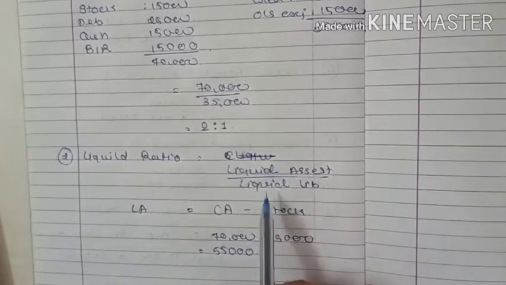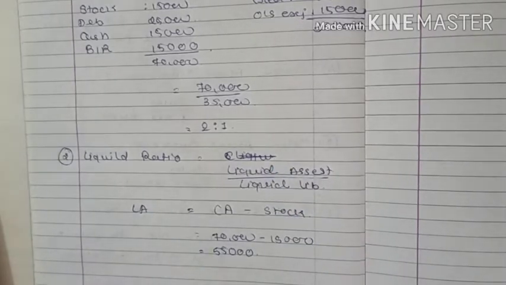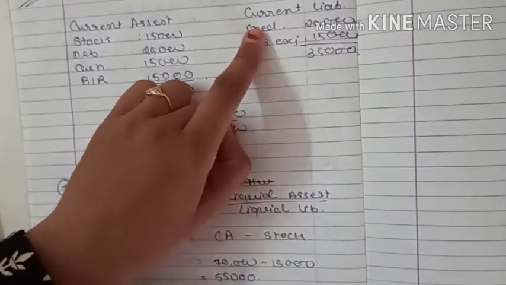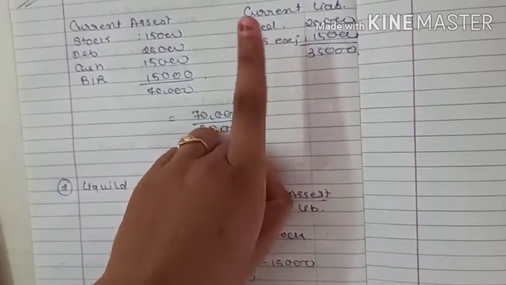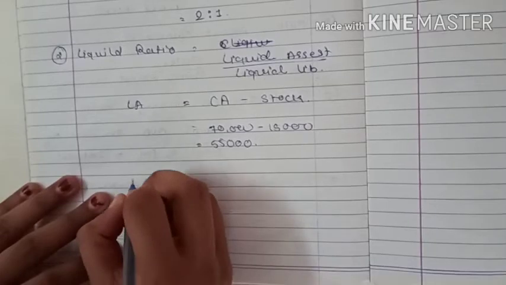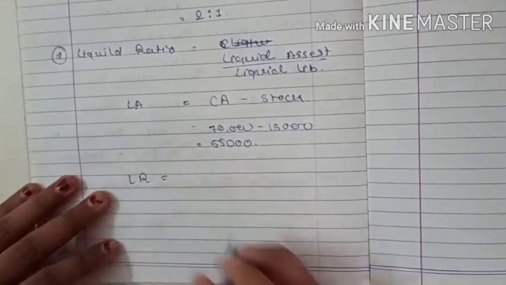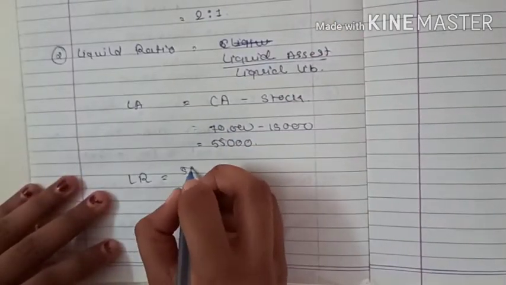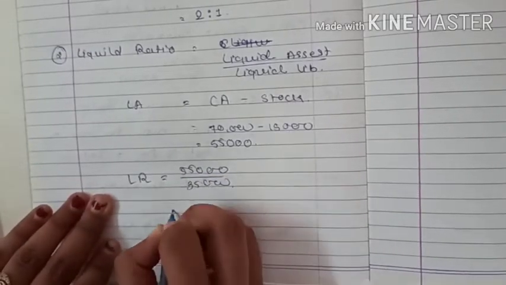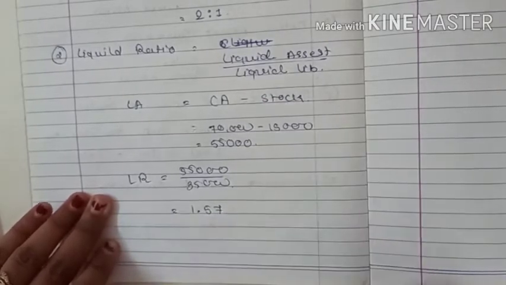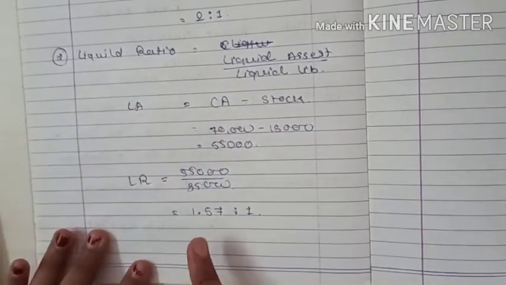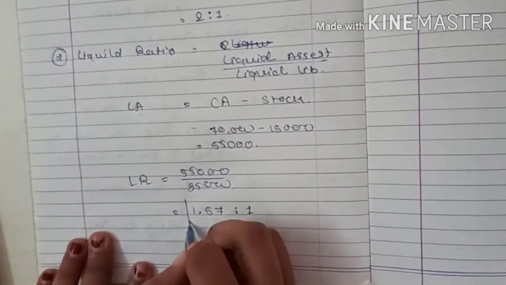Right? What is the formula of the liquid liability? Current liability minus bank overdraft. But there is no bank overdraft, so we directly take 35,000 as the liquid liability also. So liquid ratio is equal to liquid assets 55,000 and liquid liability 35,000. Answer will come 1.57 is to 1. So liquid ratio will be 1.57 is to 1.